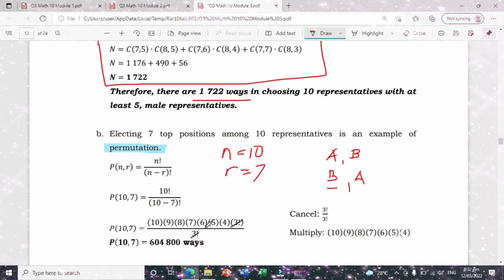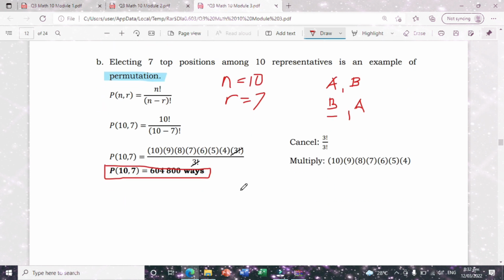So, ito ngayon yung magiging solution natin. Okay? Can you review it? Tapos, P 10,7 equals 604,800 ways. So, if you have your calculator, you may press 10. Tapos, look for a key that has NPR. Sa calculator yan.